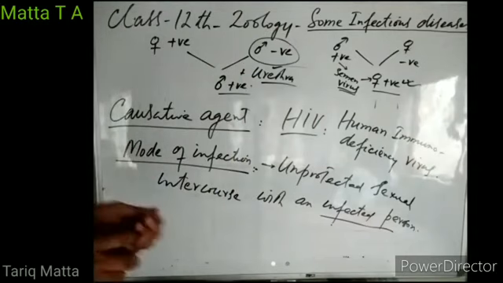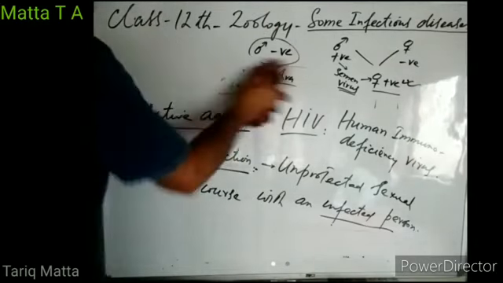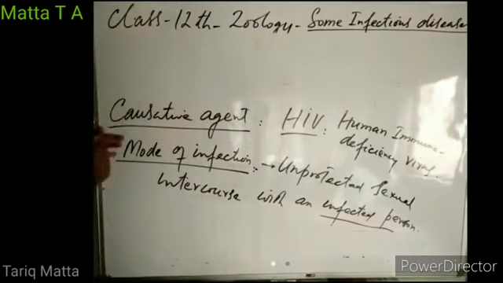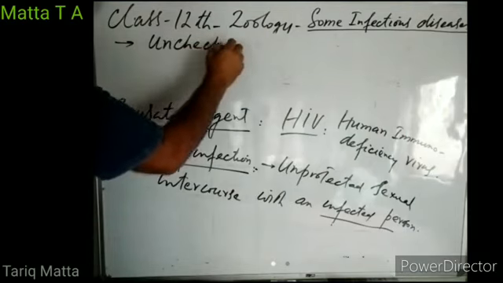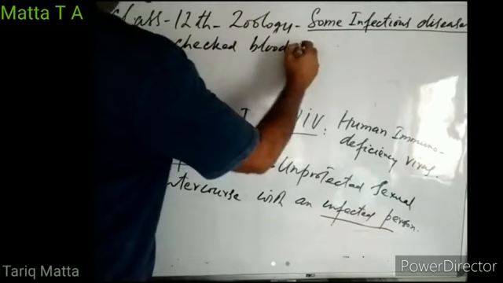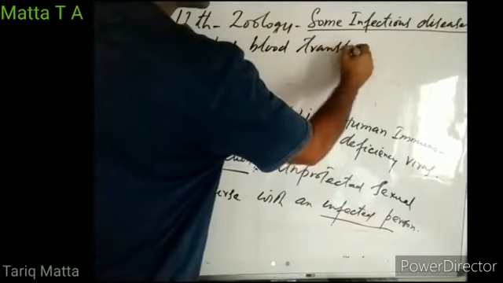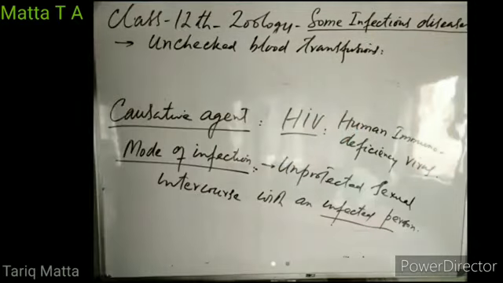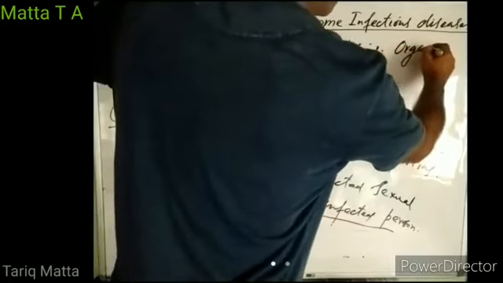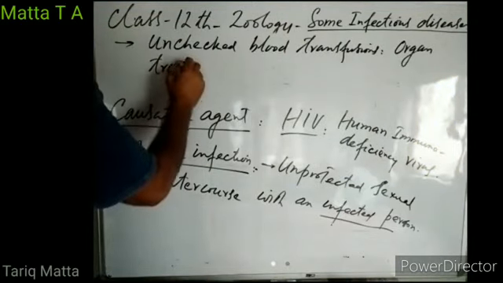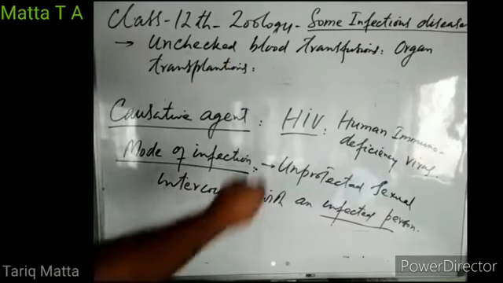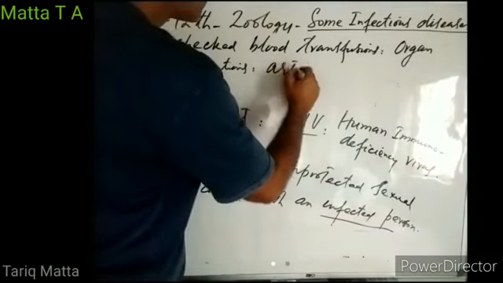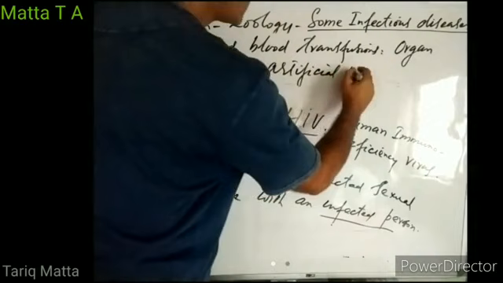In addition to this, the disease also spreads from an infected person to a normal person through unchecked blood transfusion, unchecked organ transplantation, and unchecked artificial insemination.